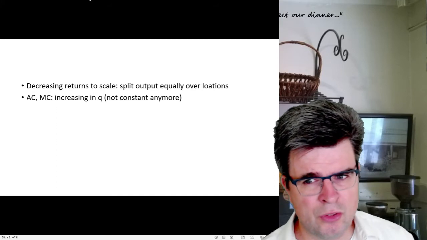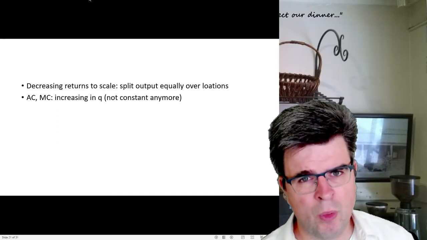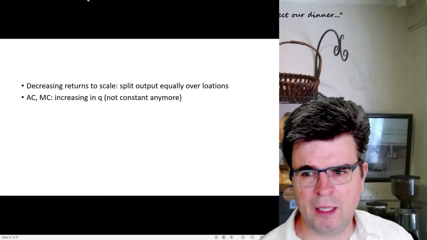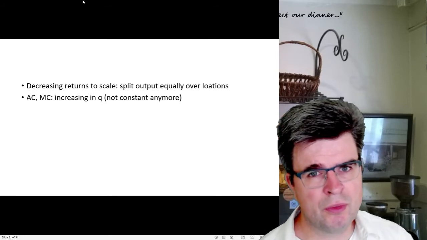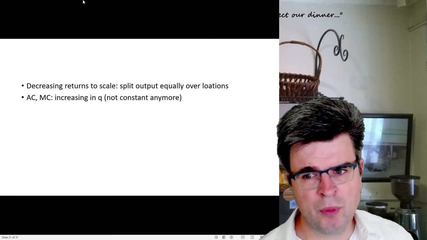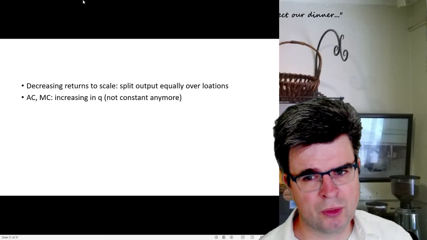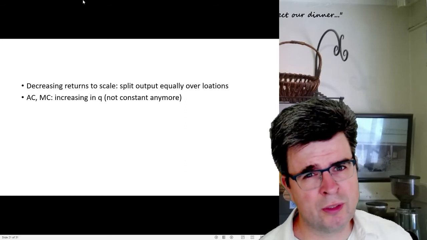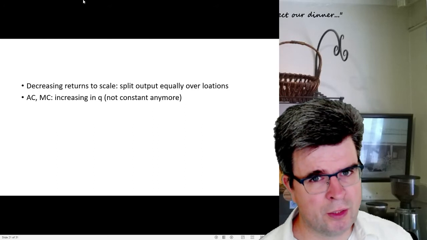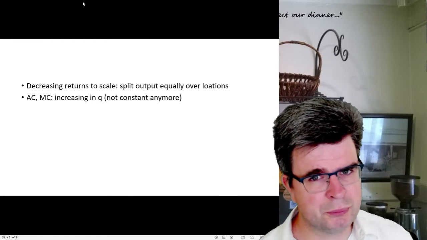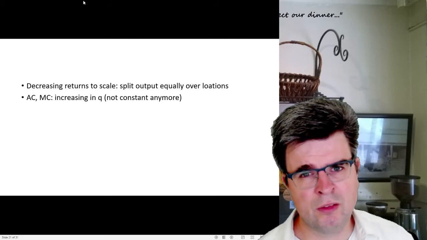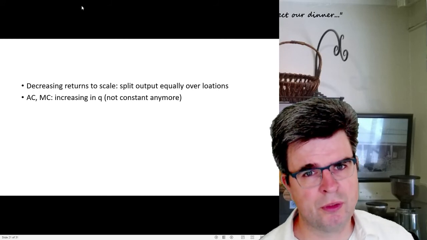So in that case, you would allocate all production to one plant. But if the returns to scale are decreasing, then you will find that the average cost and the marginal cost are no longer constant in Q, but they are increasing in the amount of widgets that you produce. And this indeed completes exercise 10.5.